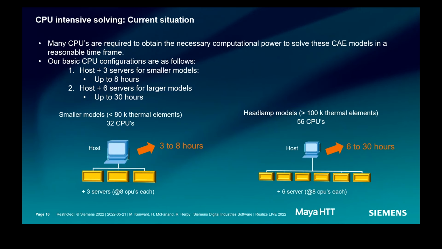And then another typical setup for larger models like a headlamp could be that single host machine paralleling to up to 6 servers or more, with solve times anywhere from 6 to 30 hours. So any number of servers could be added, but the run times could still be long, potentially taking up to a day to solve. So you can see how this can add up quickly if you're doing multiple variations.